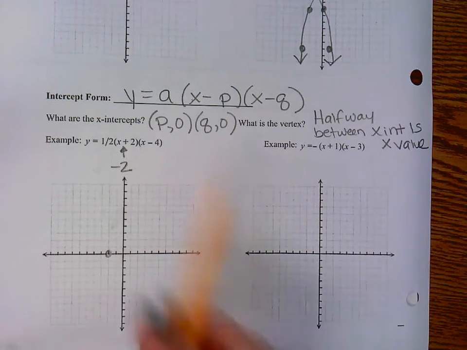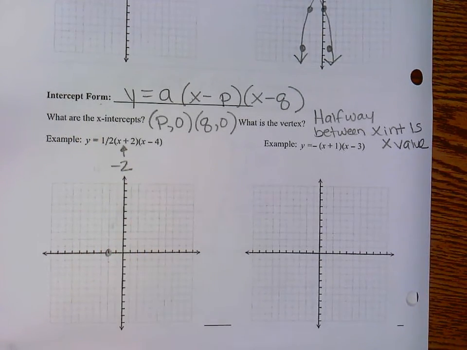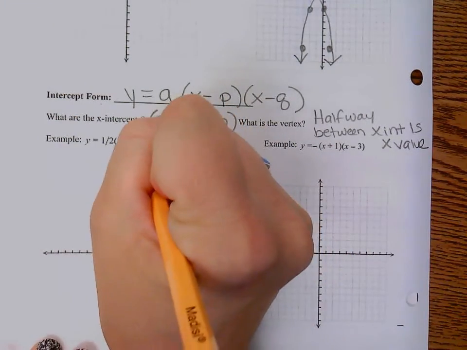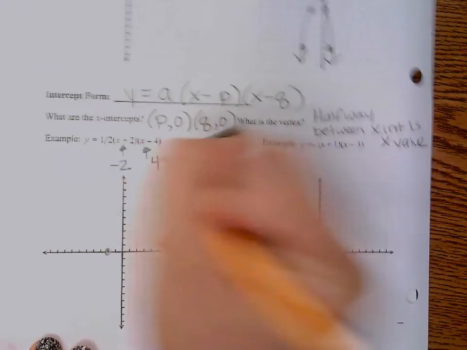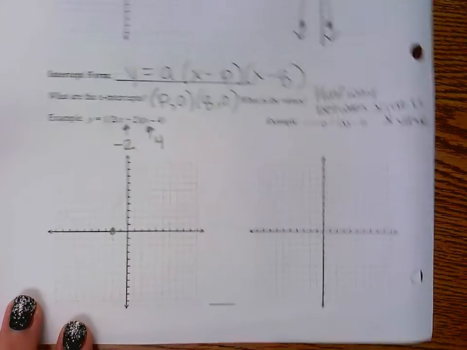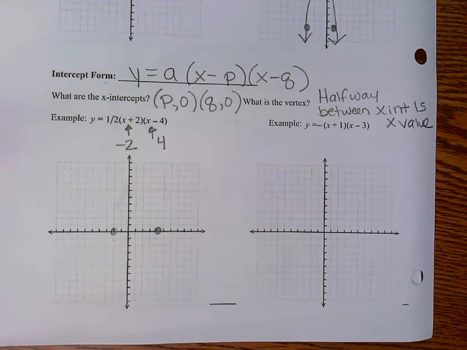This is called intercept form because you're going to get your x-intercepts. Just like vertex form, you get your vertex. Standard form, they don't give you anything. All right, what about the other x-intercept? What do I plug in for x here? To get 0, I would plug in positive 4. So 1, 2, 3, 4 is my other x-intercept.